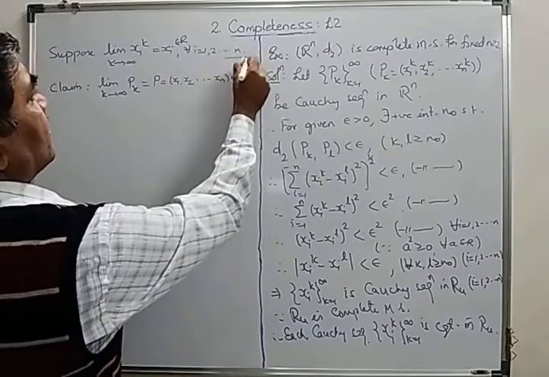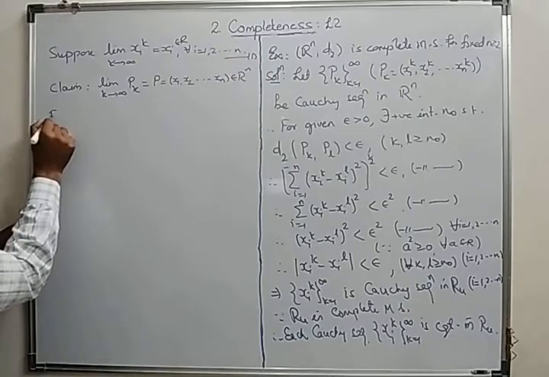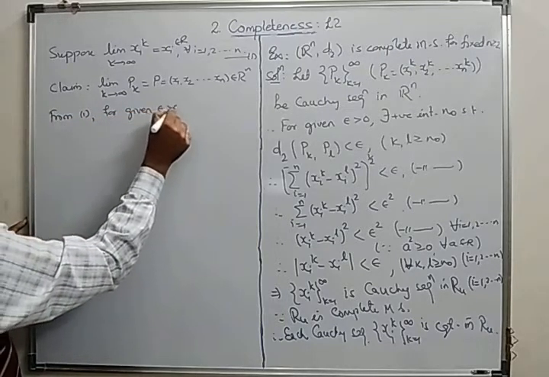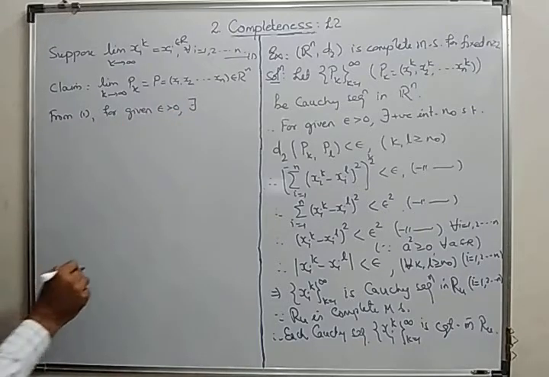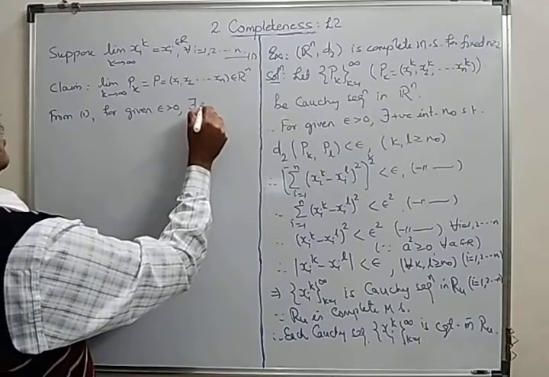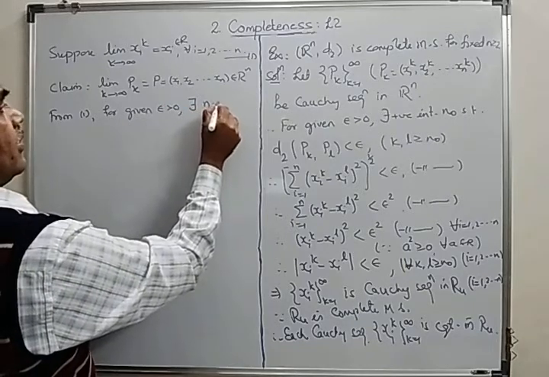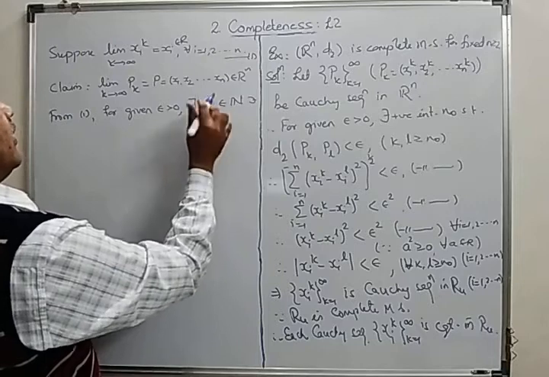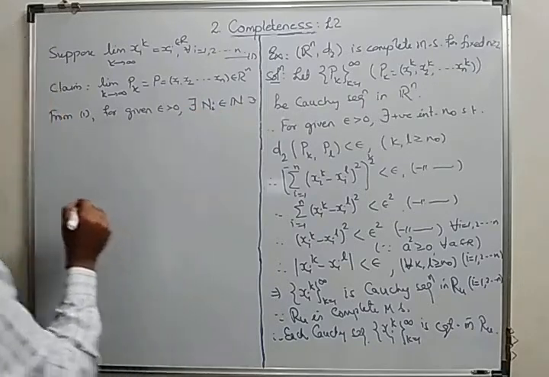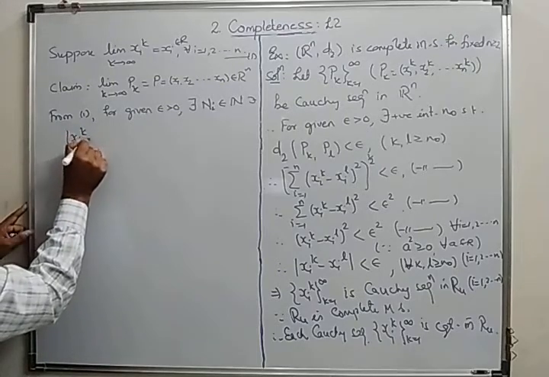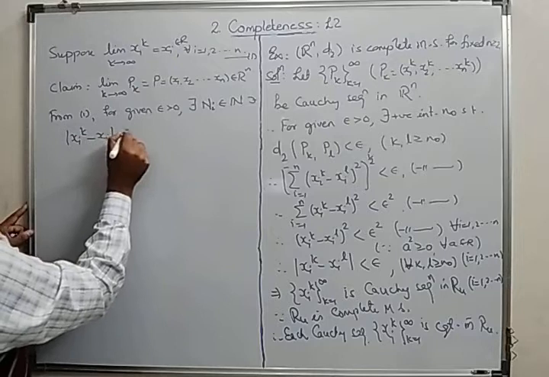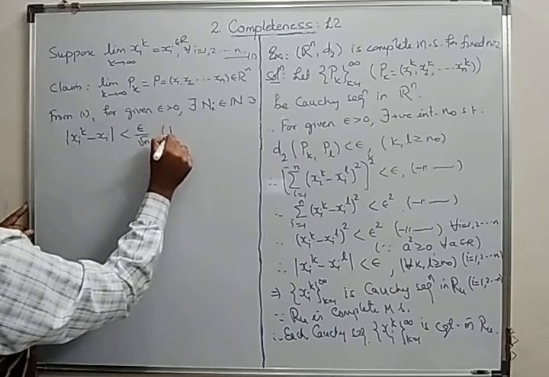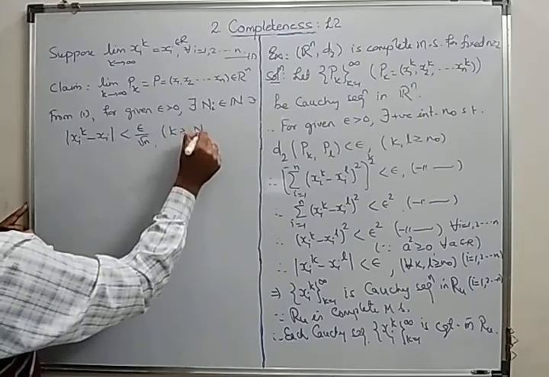Now from this, for given epsilon greater than 0, there exists Ni belongs to N such that mod of xik minus xi is less than epsilon upon root n for every k greater equal Ni.